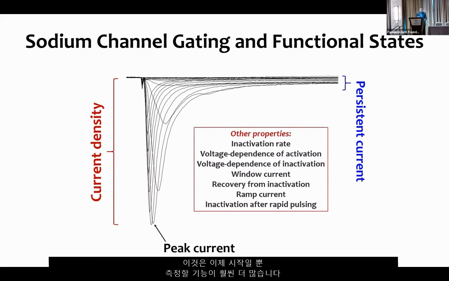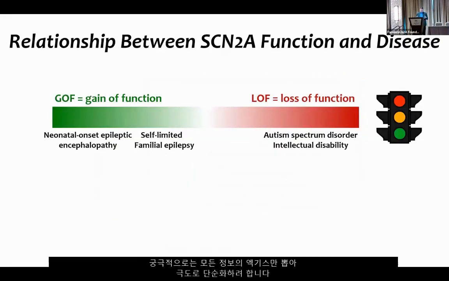There's many more properties that get measured, and I don't expect anybody in the audience who hasn't been around electrophysiologists to understand any of this, but there's a lot of functionality that can be ascertained from a single experiment on sodium channels.